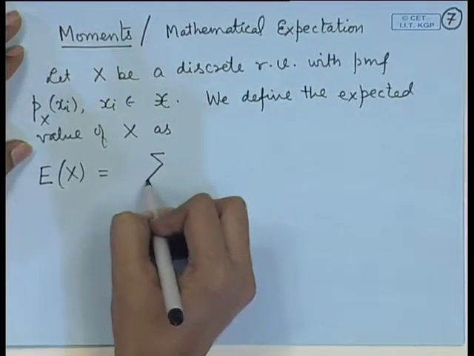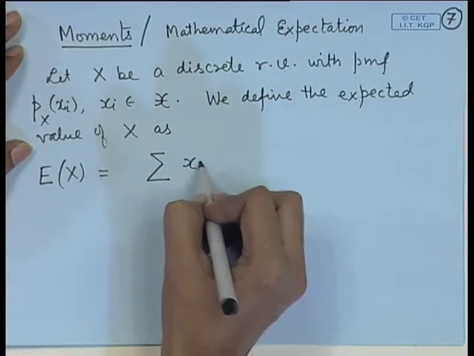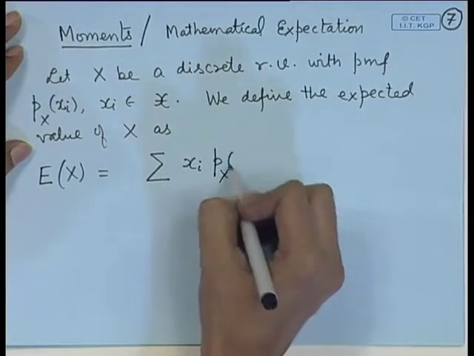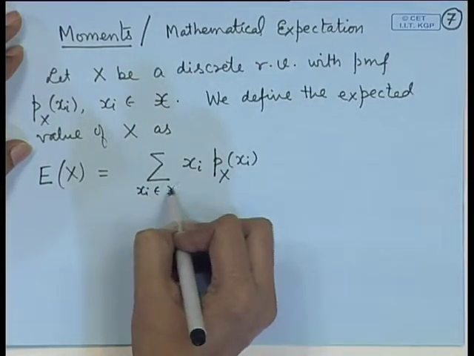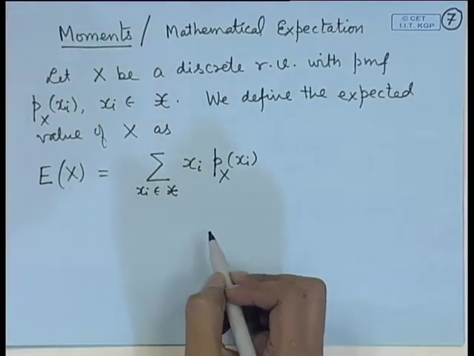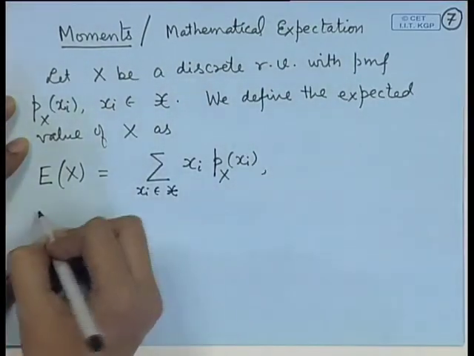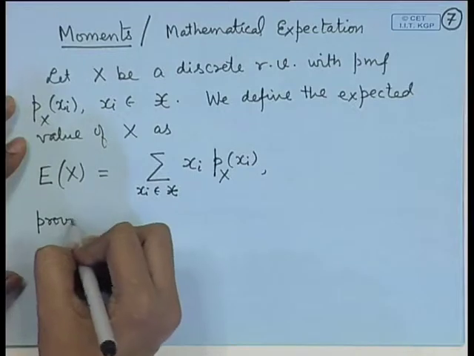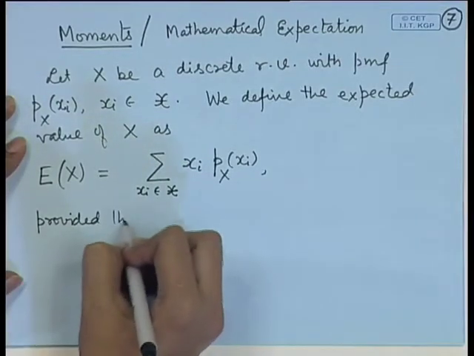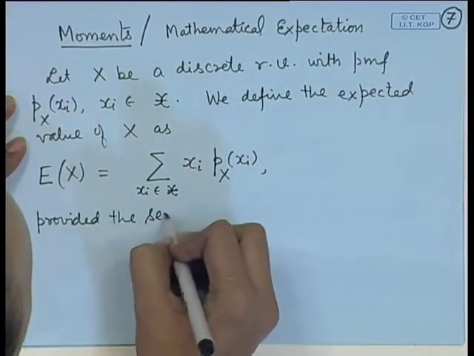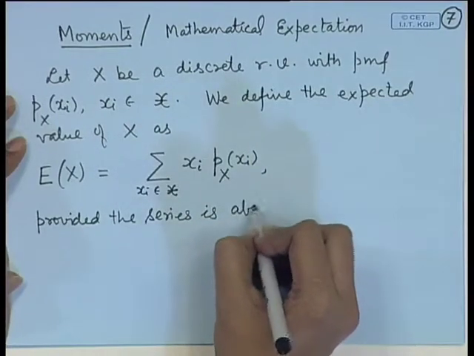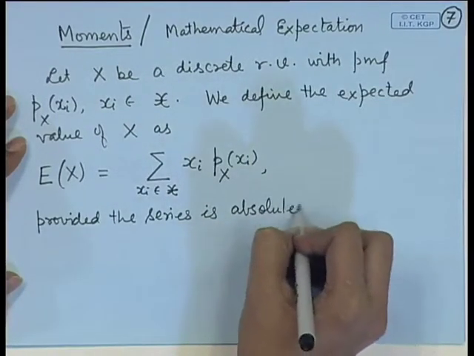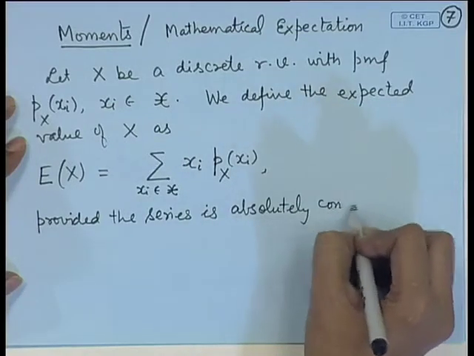This is defined as sigma x_i times p_x(x_i), where x_i belongs to X, provided the series is absolutely convergent.